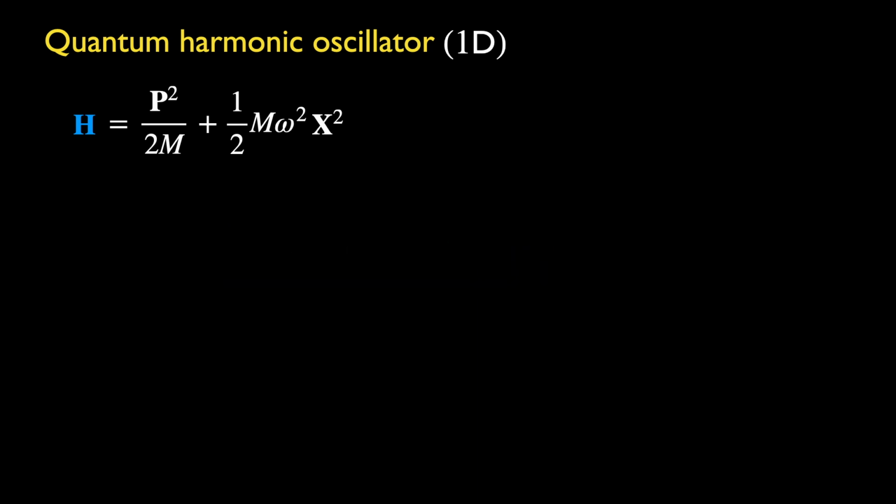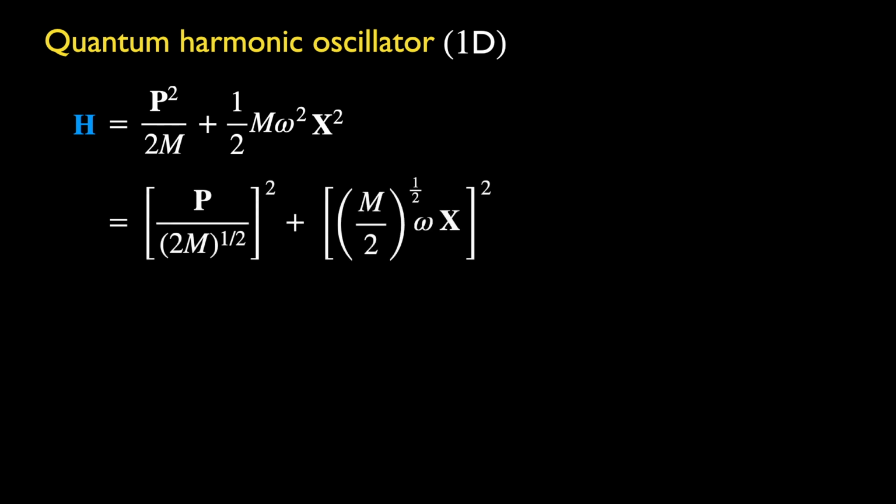The Hamiltonian can be written as the sum of two squares. If these were just ordinary numbers, we could immediately write this as the product of a complex number with its complex conjugate. But we are dealing with operators, so care must be taken with operator ordering.